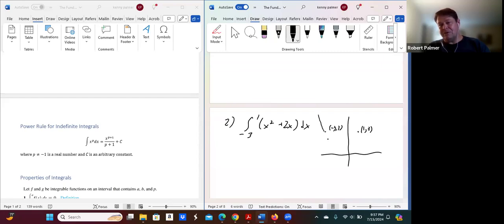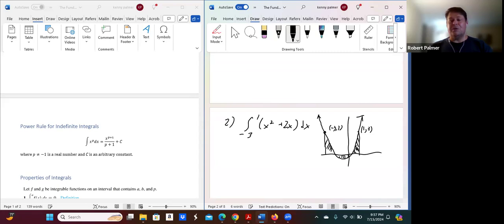So this graph looks kind of like this. The area under the graph is going to be right here, and also right here.